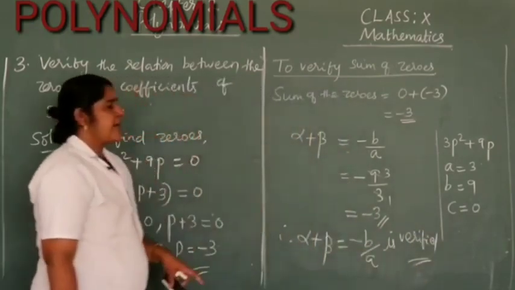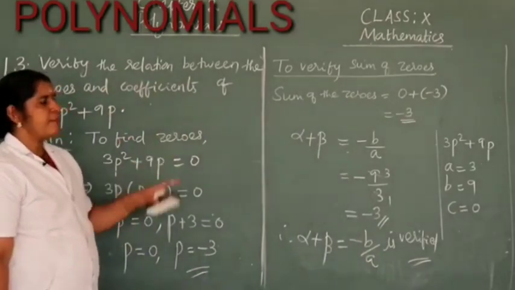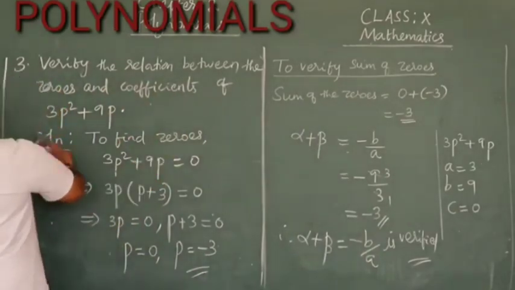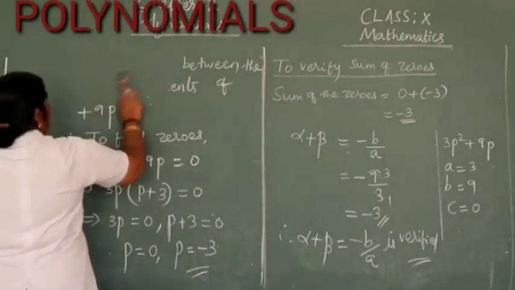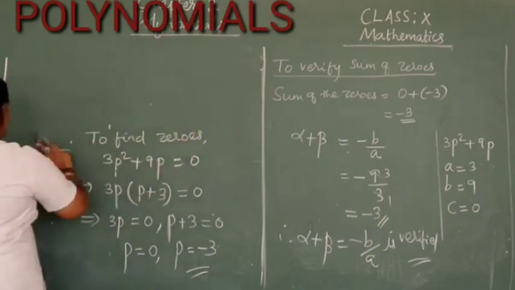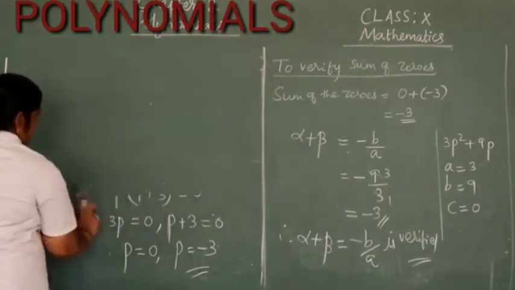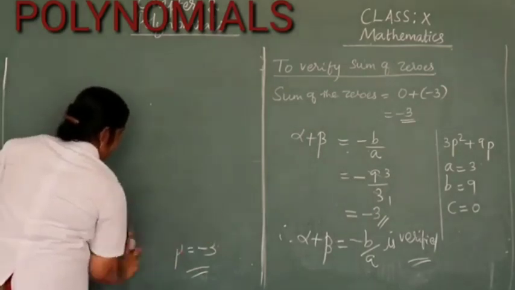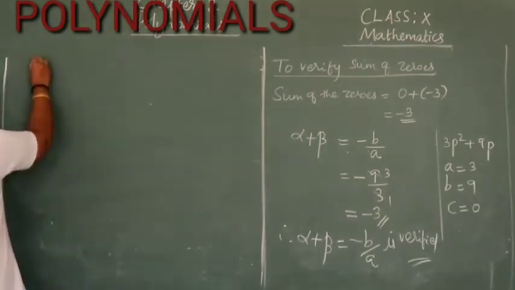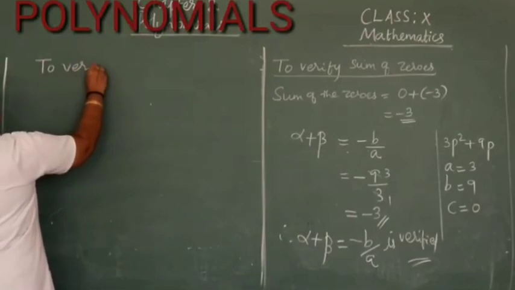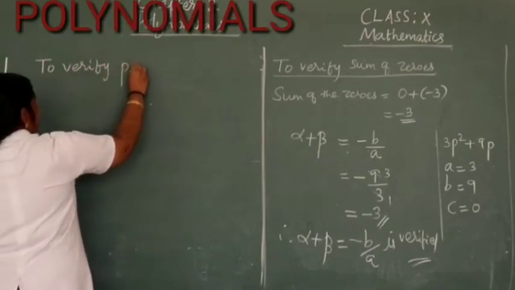Now in a similar way we are going to see the verification of product of zeros. So to verify the product of zeros, we want to multiply the two zeros.